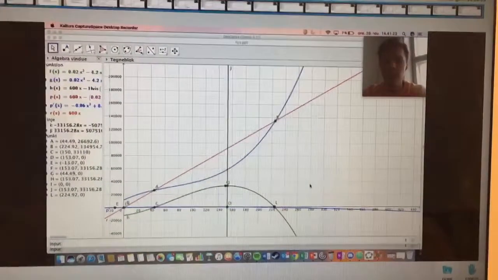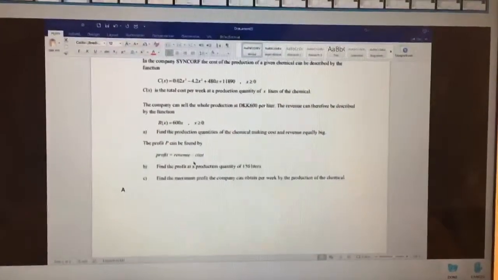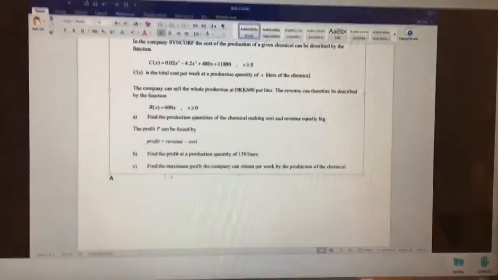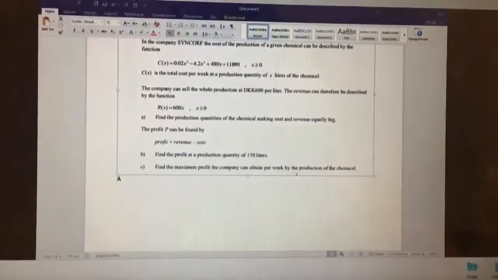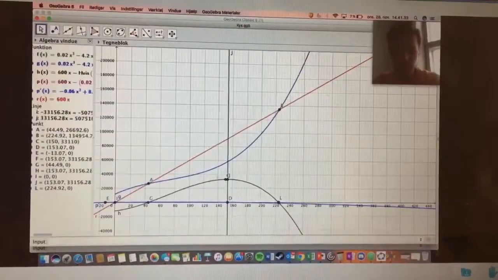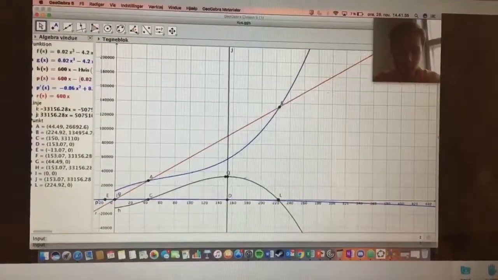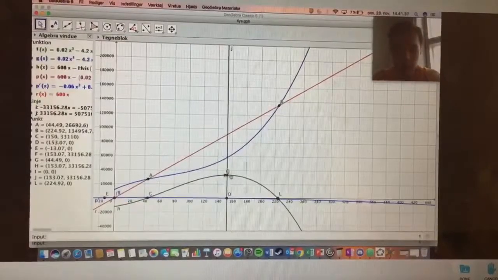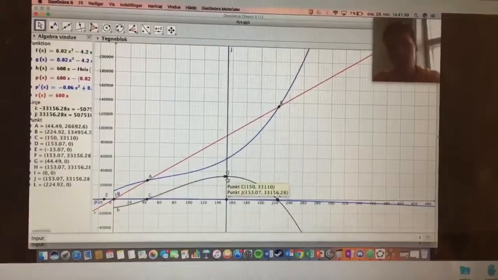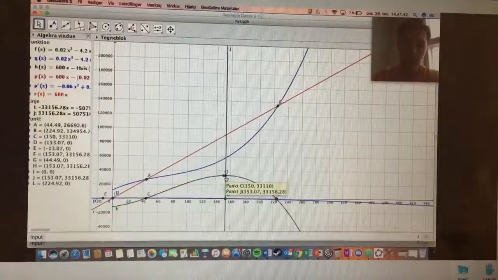I will now do the final task, and it is task C. You can see here it says find the maximum profit the company can obtain per week by production of the chemical. So if you look at this graph, you can see that this is a profit line, and we want to find the top part of the profit line, but it's kind of hard to tell by just looking at it.